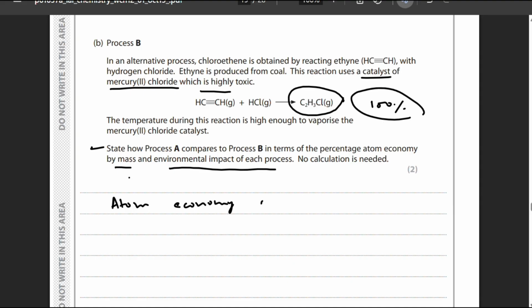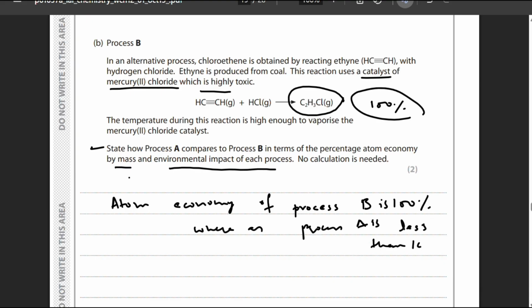So atom economy of process B is 100%, whereas process A is less than 100%.